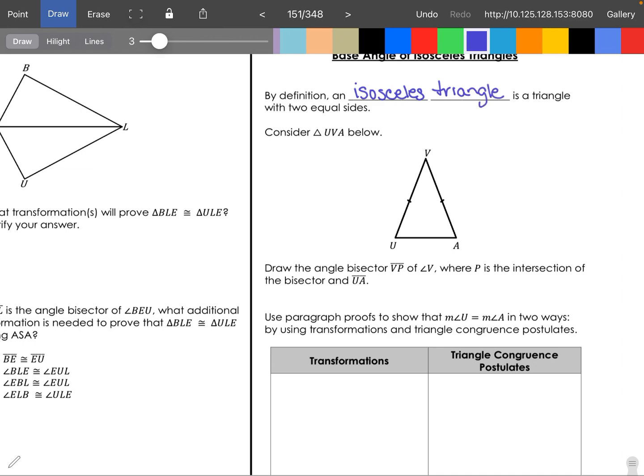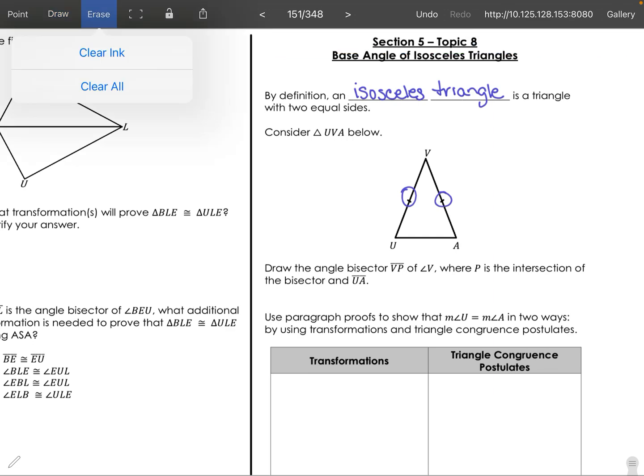So you have two equal, or two congruent sides, then you have an isosceles triangle. Let's look at the triangle below, UVA. The only information given at this point is these two congruent marks right there. Therefore, we know it's an isosceles triangle based on the definition of it.